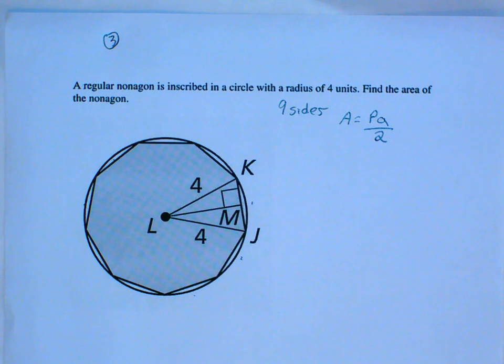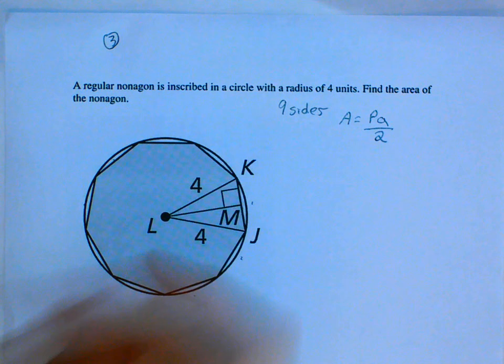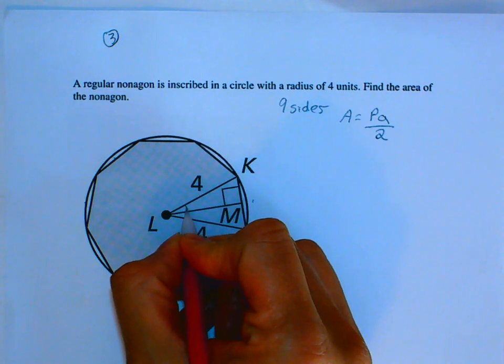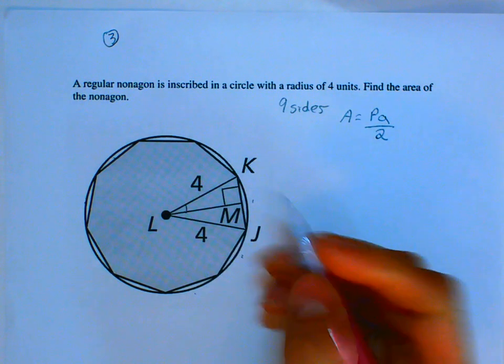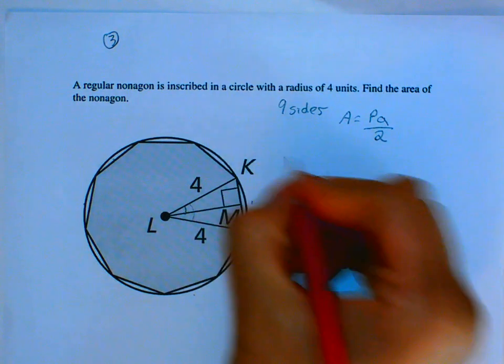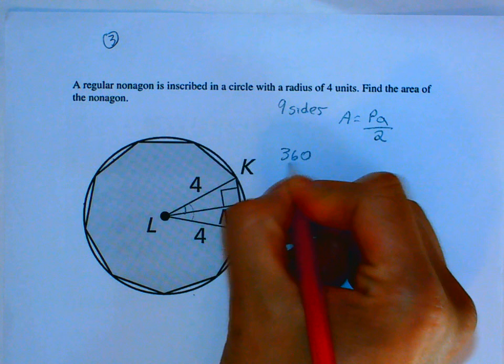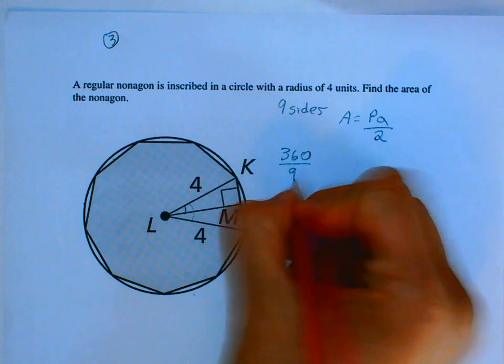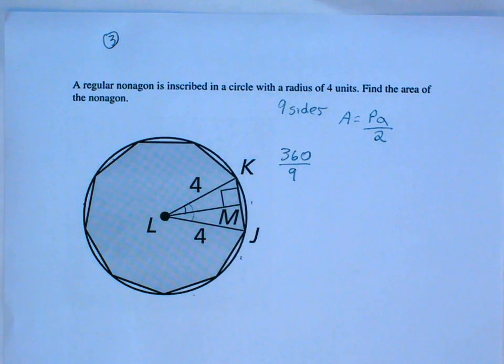So the very first thing we need to find out is what this angle right here is. To find out what that angle is, I need to figure out what this whole angle is. How do I figure that out? Very simple. 360 divided by the number of sides, that's 360 divided by 9. That gives me 40 degrees.